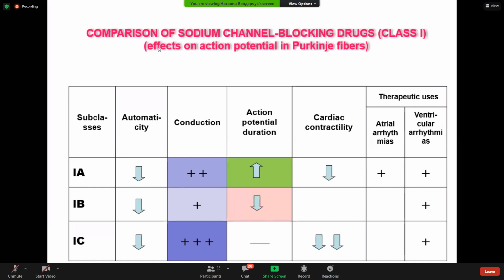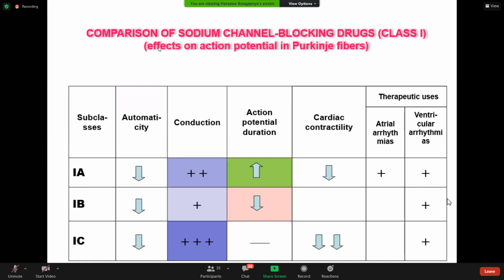Therapeutic uses. 1A class. We will look into the horizontal line. So sodium channel blockers of the 1A class can be used, according to the site of origin of arrhythmias, in atrial or supraventricular arrhythmia treatment and in ventricular arrhythmias.